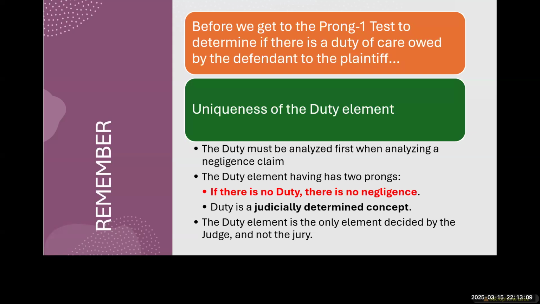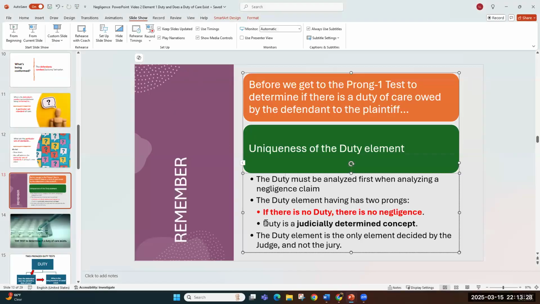Another unique quality of duty is that duty is judicially determined. The duty element is the only element that's decided by the judge and not the jury. Again, duty is a threshold requirement.